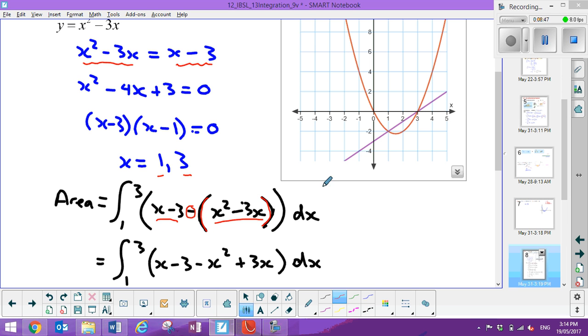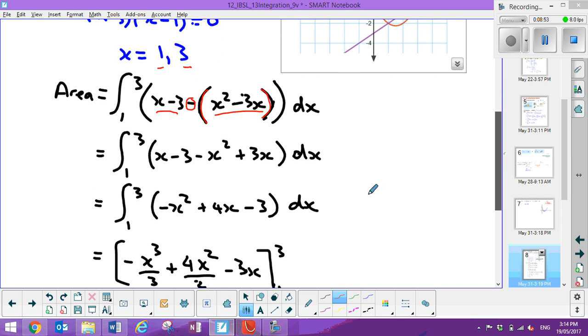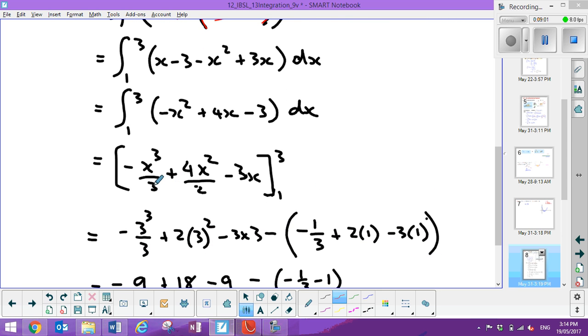Then we need the big brackets before we write our dx. So we have our integral from 1 to 3. Expand that, get your negatives and positives correct, combine like terms. Now integrate that. Substitute it all in for 3 to 1, so 3 cubed over 3 plus 2 cubed over there.